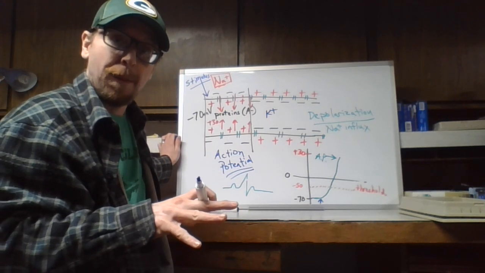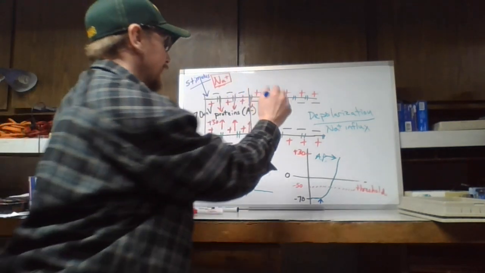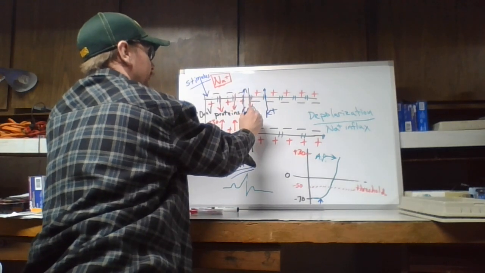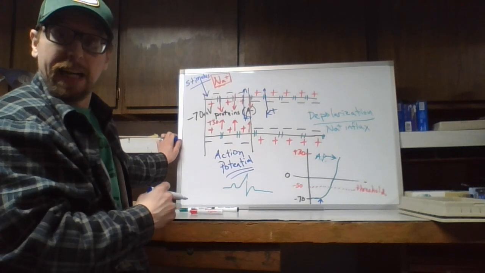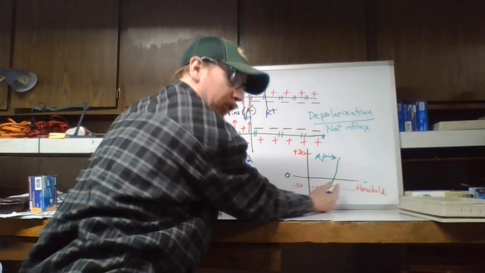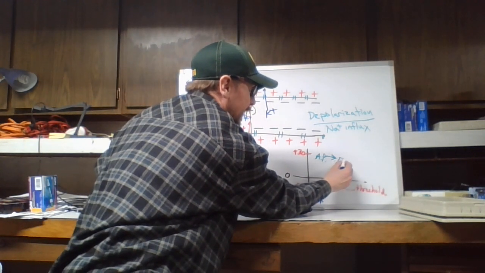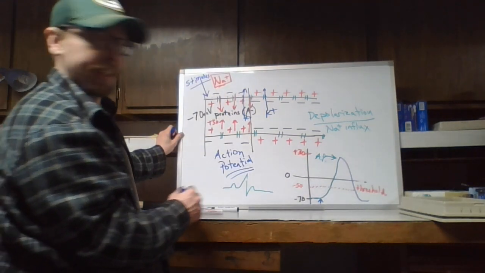So by taking potassium out of the cell, it's going to shift the positives back outside the cell, bringing the cell back to negative. And so when I show you that on this graph right here, when potassium leaves the cell, it's going to bring it back down to negative 70.